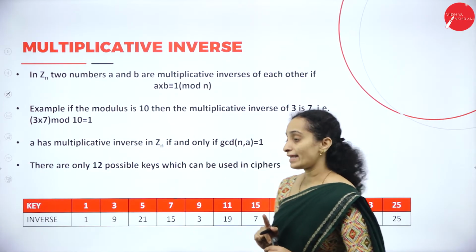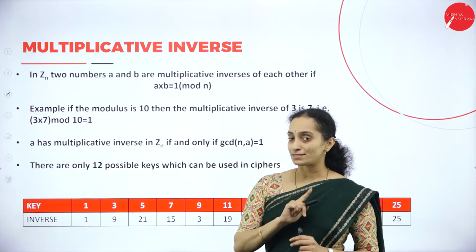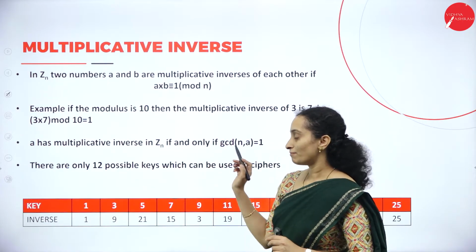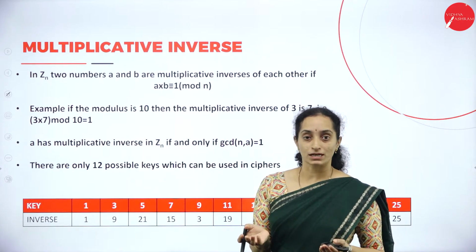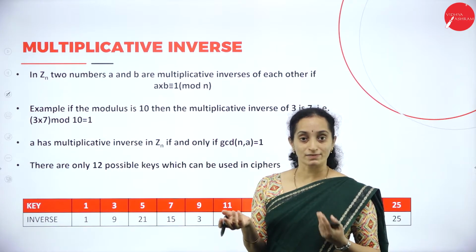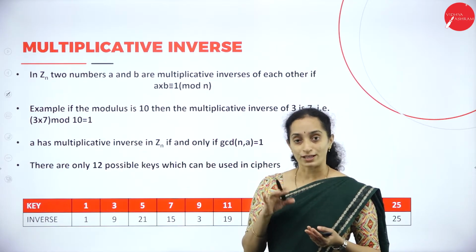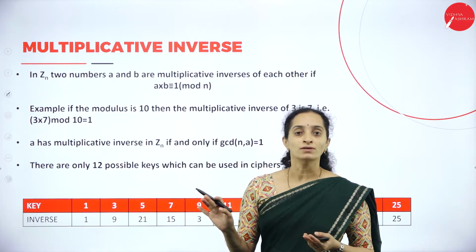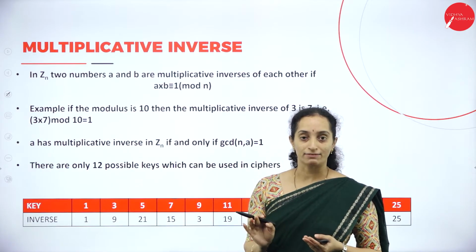And again, not all odd numbers can have a multiplicative inverse. For even numbers, you don't have the chance to generate a multiplicative inverse.